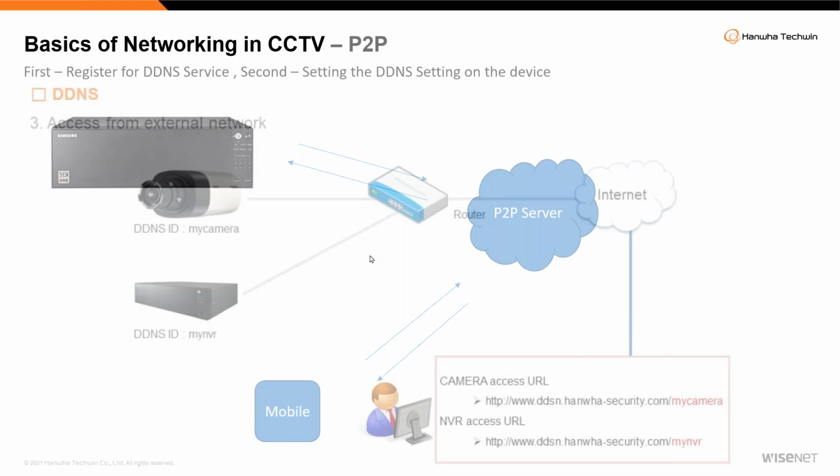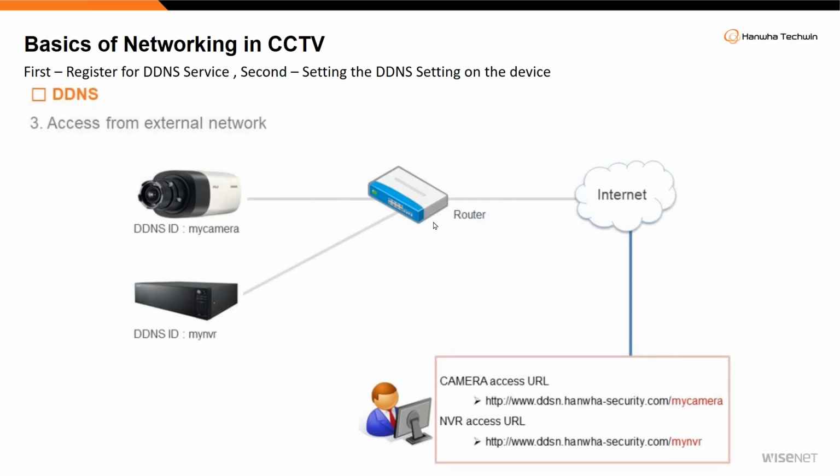Now P2P. To make this DDNS more simple, because with DDNS you still have to do port forwarding and all that stuff. Although you use a third-party service, you still have to do this port forwarding concept in your router. So there is some amount of work involved. You have to set up the DDNS, you have to set up the address.